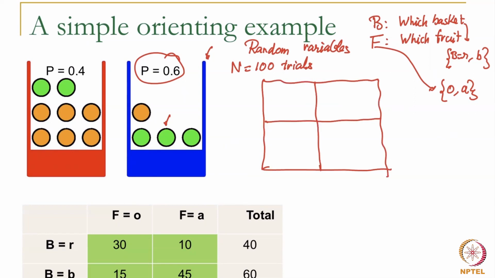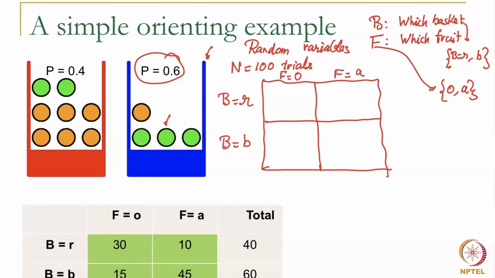And I'm going to assume that things are going to fall exactly in proportion to their probabilities. This will happen, really speaking, only for infinite trials. But for the sake of demonstration, we are going to do this. So we are going to say, well, the basket could either be red or it could be blue. Similarly, the fruit could either be an orange or it could be an apple.